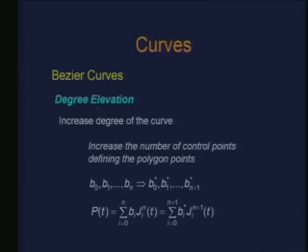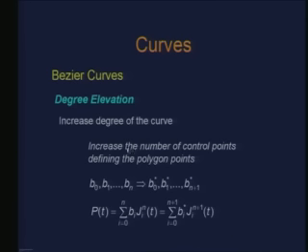This could be useful in certain scenarios, even in the case of joining two curves. What I may do is first match the degree of the two curves, and in order to match the degree of the two curves, I may have to elevate the degree of one of the curves. So, there could be various scenarios where we may use this feature.